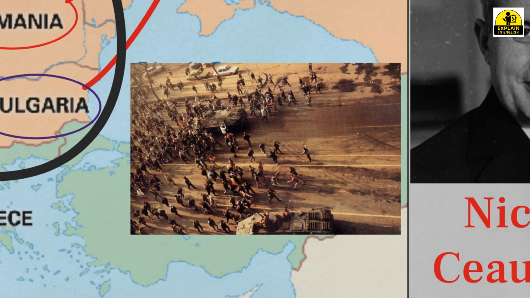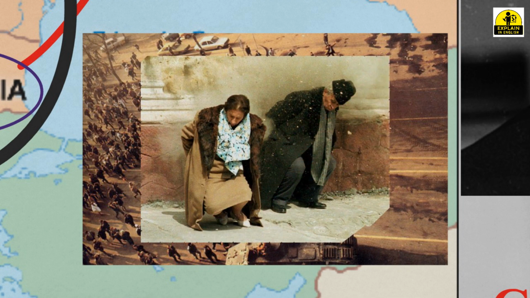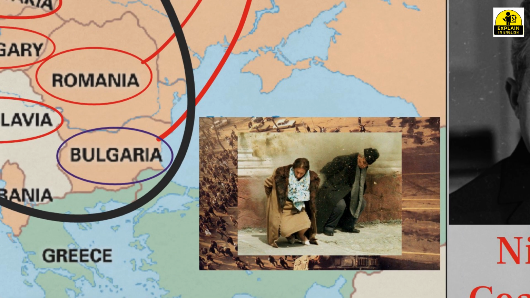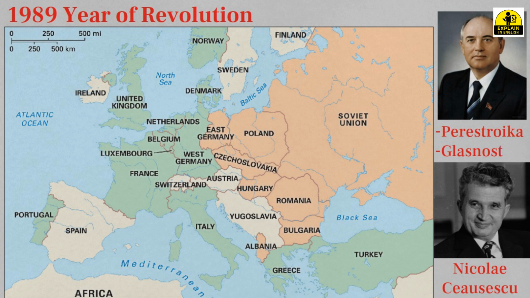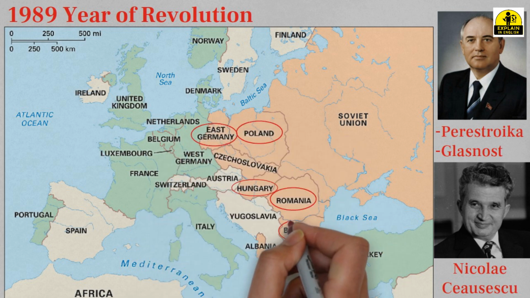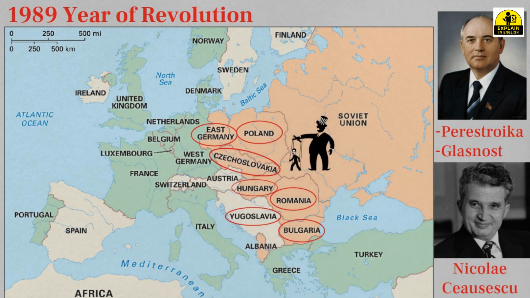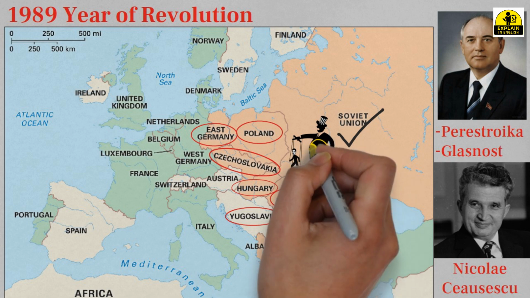Nicolae had put his army in front of the Romanian citizens and killed them. Later, the people of Romania killed Nicolae Ceausescu and his wife on live TV. So, the puppet governments of Poland, Romania, Hungary, East Germany, Bulgaria, Yugoslavia, and Czechoslovakia that took orders from Moscow to run their countries were all overthrown.